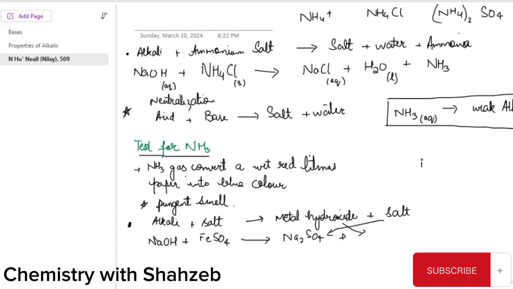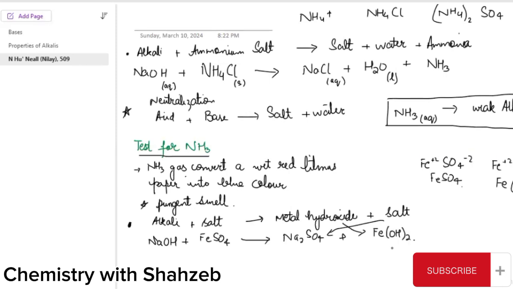So Fe plus 2 combines with sulfate SO4 minus 2 to give FeSO4, which means the charge of Fe is plus 2. With plus 2 charge, it reacts with hydroxide ion OH negative, and the formula becomes Fe(OH) whole twice.